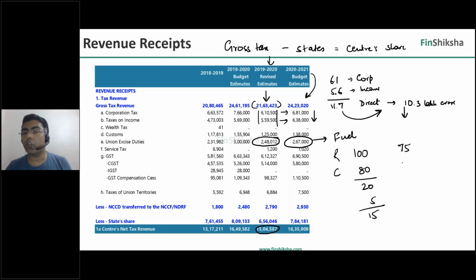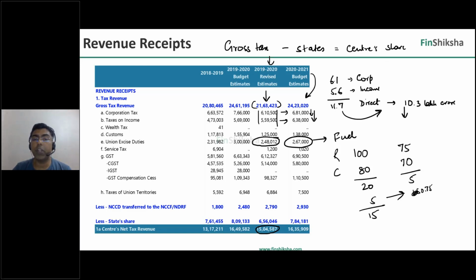Costs will not go down dramatically. I mean, costs could be fixed in nature to a large extent. So if you actually don't see costs going down, even if I assume a slight marginal reduction in costs, your profit goes to 5. Tax on this is going to be probably 0.75. That's a huge reduction on corporate tax for certain companies. If certain companies face this, obviously corporate tax is going to dip next year.